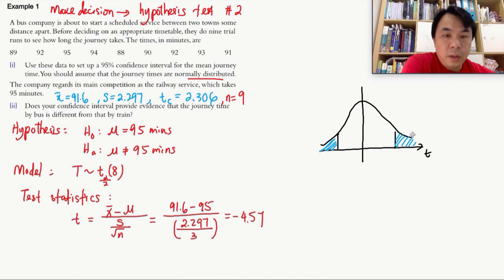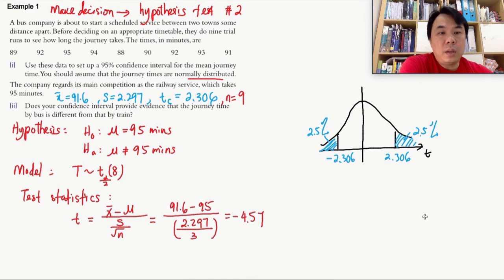Both of these areas represent a total of 5%, which is 2.5% here, and this one is 2.5% also. Just to recap, the total area that represents the rejection region is 5% here. And the critical value that we obtain from the theoretical t distribution table is over here, 2.306.